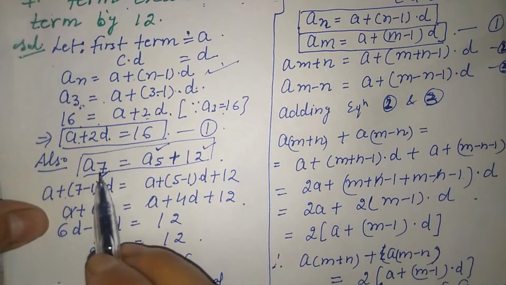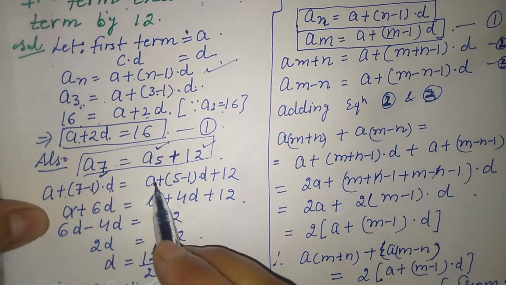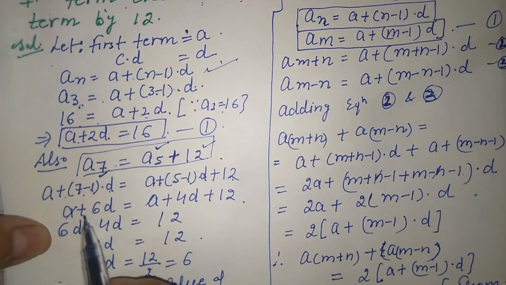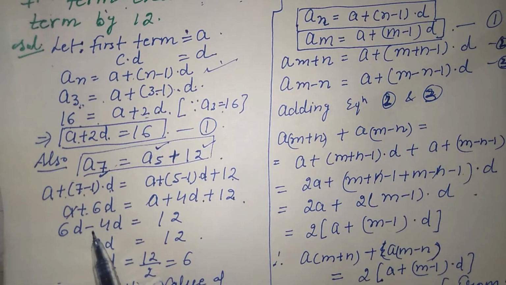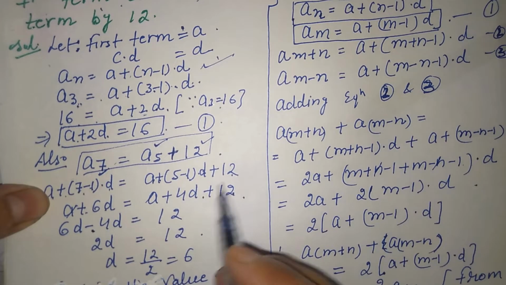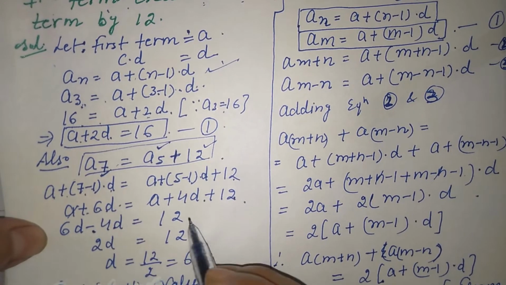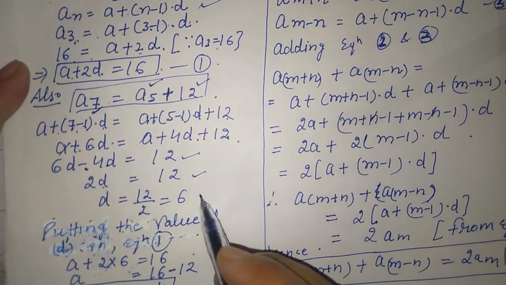So a plus 7 minus 1 into d, is equal to a5, a plus 5 minus 1 into d, plus 12. So it becomes a plus 6d is equal to a plus 4d plus 12. Transposing, a will be cancelled out. 6d minus 4d is equal to 12. 2d is equal to 12, and d is equal to 12 upon 2, that is 6.